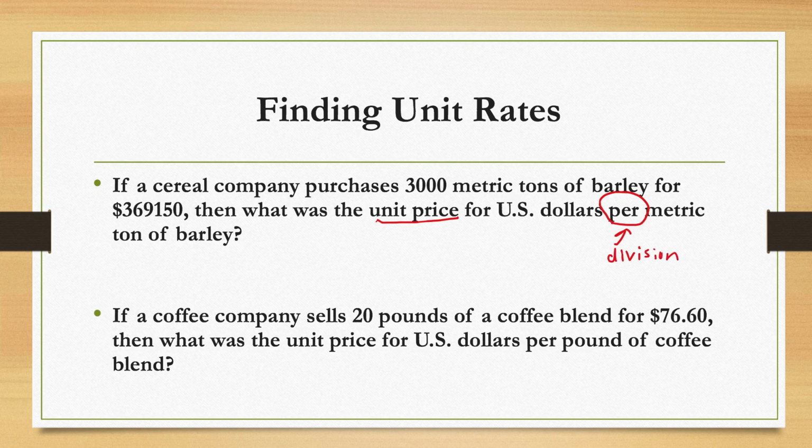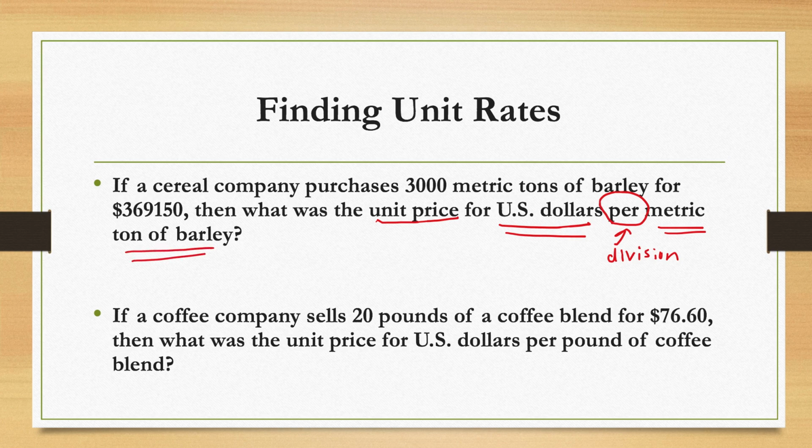And then look at what is in front of the word per and what is behind the word per. So in front of, we have US dollars. And behind it, we have metric tons of barley.